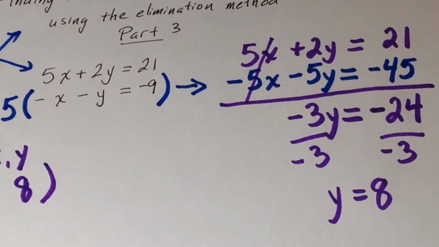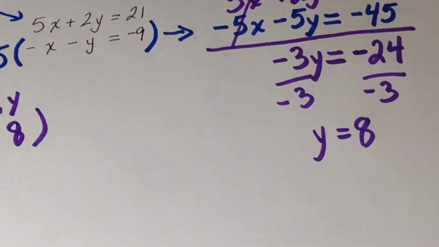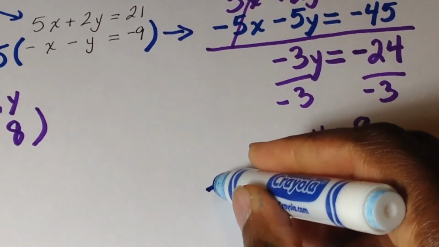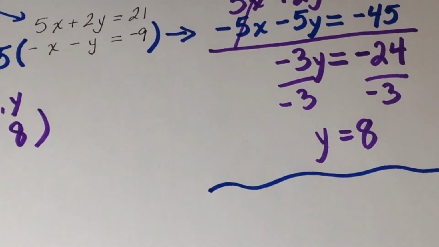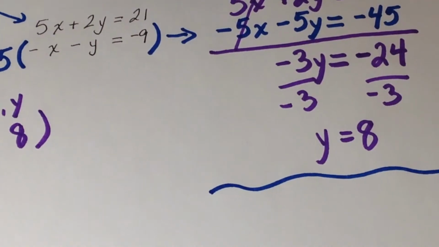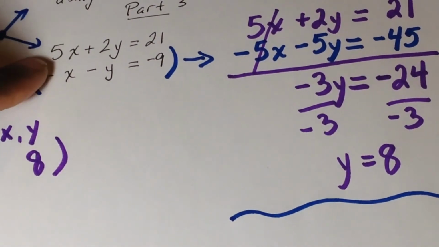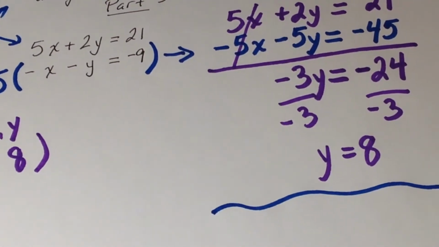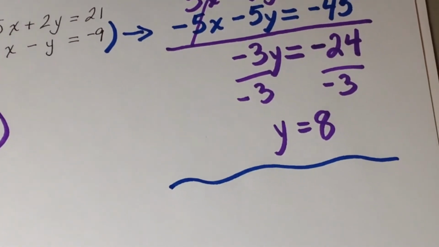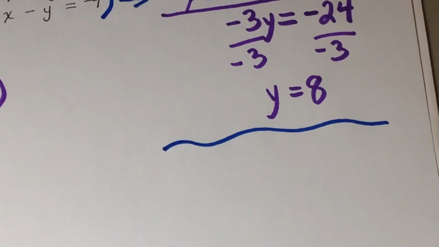You pick an equation. Again, I like positive. I'm looking for anything that has all positives in it, to make it easy on my life. And right now I'm picking this one right here, 5x plus 2y is equal to 21. If you notice, I like positives a lot. Negatives are cool, nothing against negatives, but I like the positives.